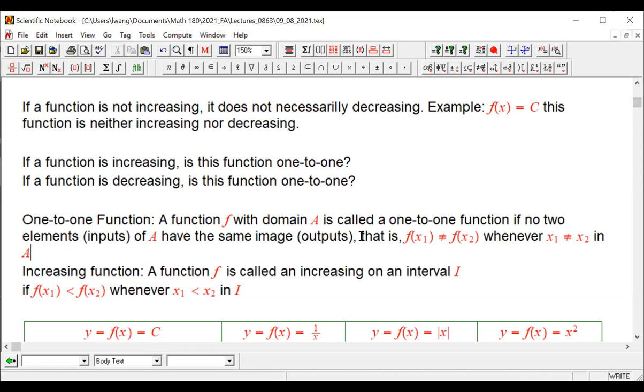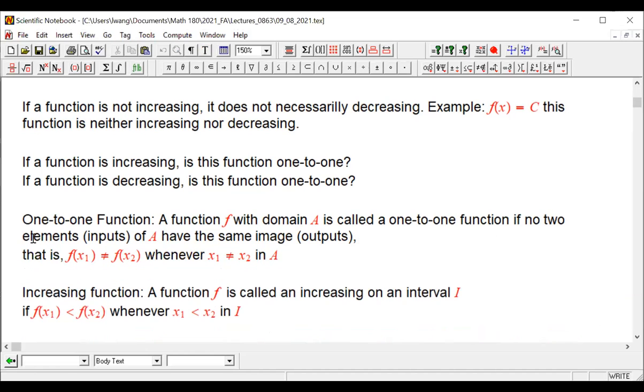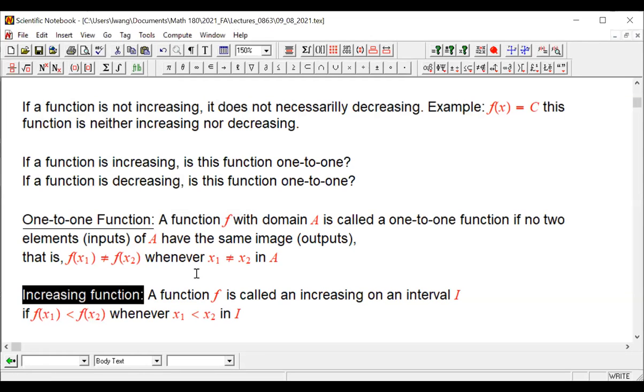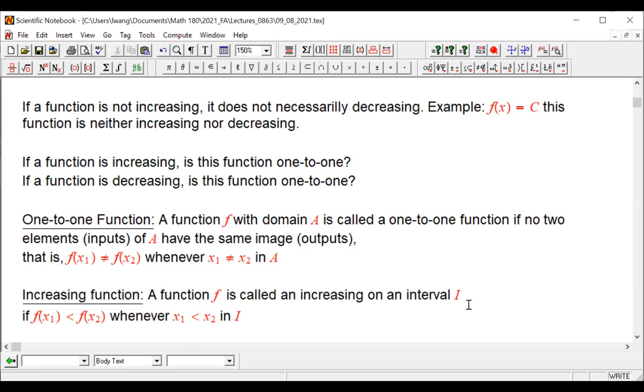Okay, this is going to be serious reasoning. So this is one-to-one function. Increasing function. Okay, so my question is, if it is increasing, is it for sure to be one-to-one?